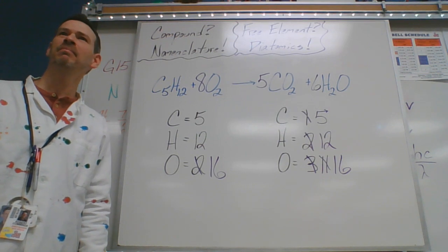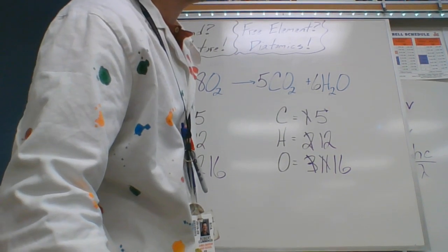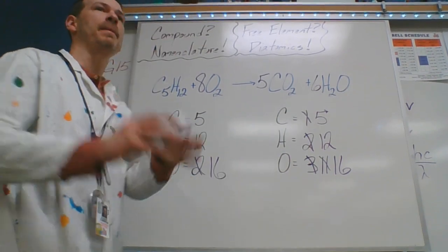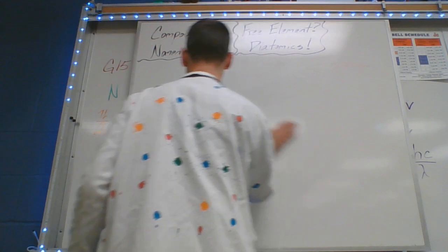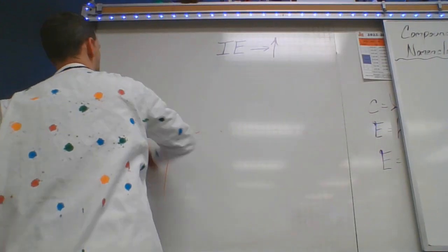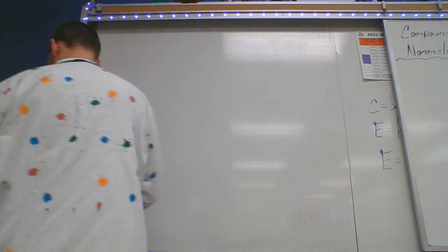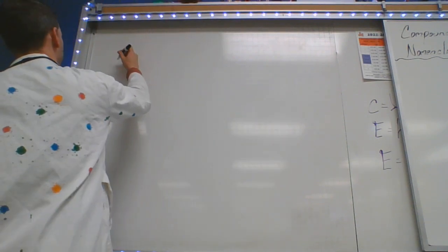Think you can do one without me? I believe in you. I'm going to translate it for you. Don't copy the sentence. You don't have time. Just write this down. Yttrium-3 chloride looks like this.